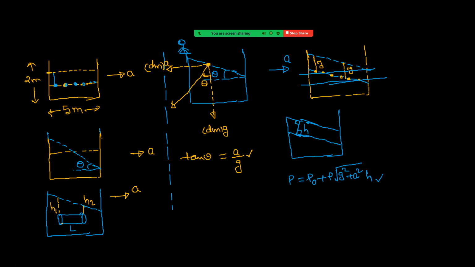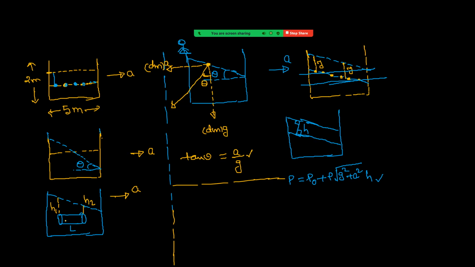The cylinder has acceleration a to the right because this entire vessel has acceleration here. That means the liquid in the vessel also has acceleration here, right? That means this cylinder also has acceleration to the right. See how much force is acting on this face. The net force on this is to the right.